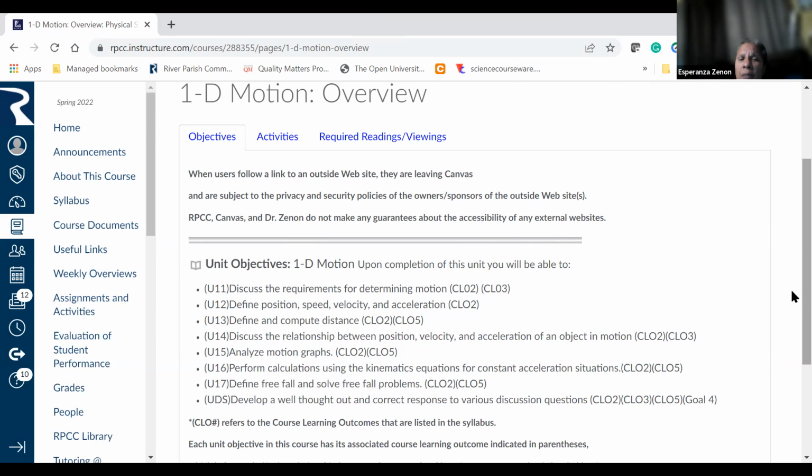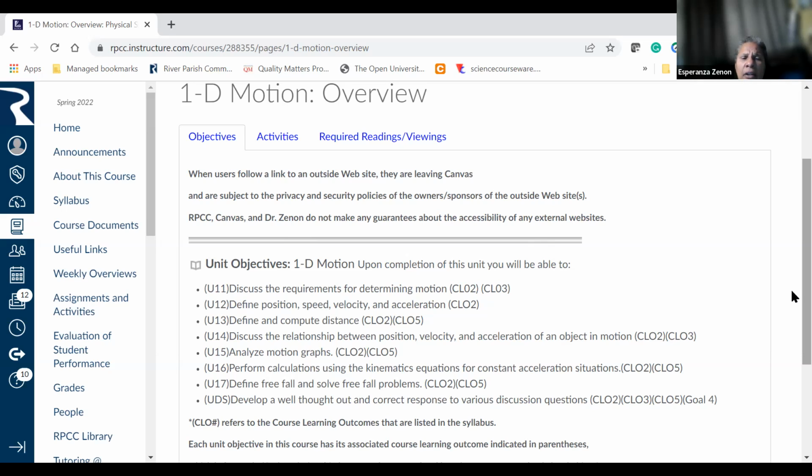We'll look at the relationship between those various properties, and especially as it pertains to the various mathematical equations that we can utilize to help us understand that moving object. We're going to watch a video that deals with motion graphs, because outside of equations, outside of mathematically describing our moving object, we can also use graphs as a way of describing the motion of our object.